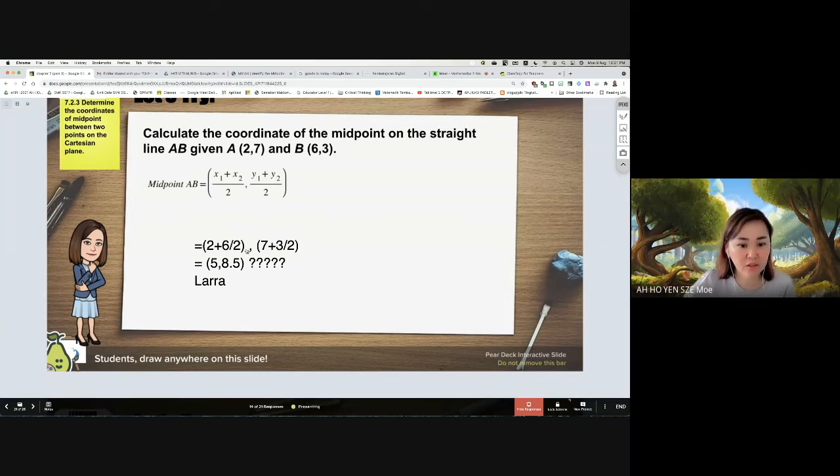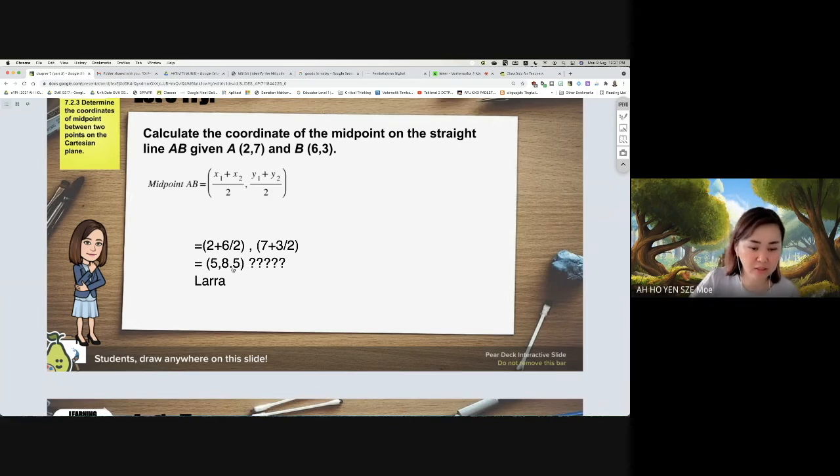Even though your working here is correct. So the way you use the calculator must be correct. Lara, the steps are correct but the final answer is wrong. What a pity, because you do not know how to use your calculator. You have to practice. Not only Lara, I believe some of you will also make the same mistake. Lara, can you understand? If you want to press it all at once, make sure you put brackets first, 2 plus 6, then divide by 2. Or 2 plus 6, press equals first, then divide by 2 in your calculator. Can you understand?